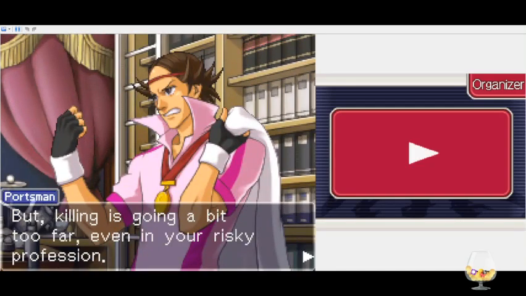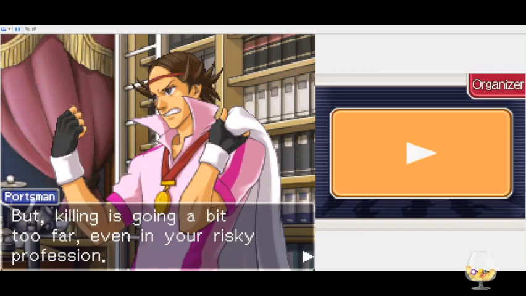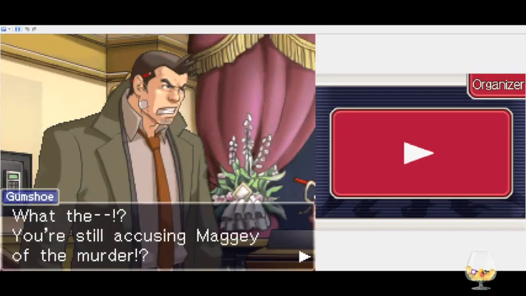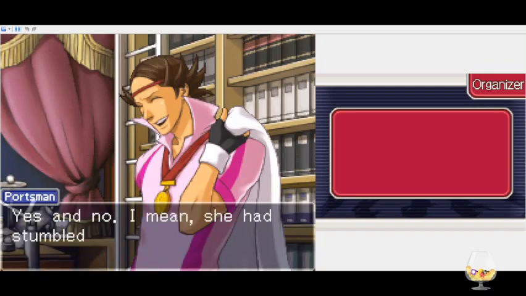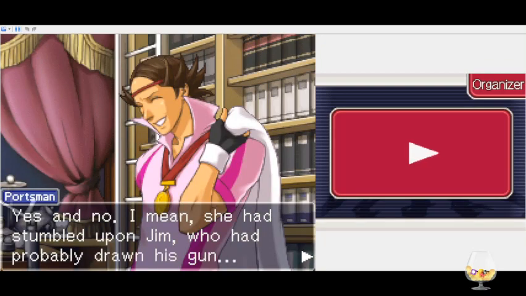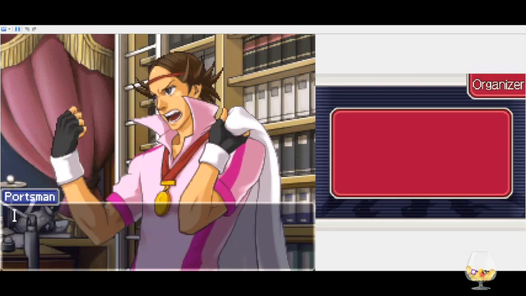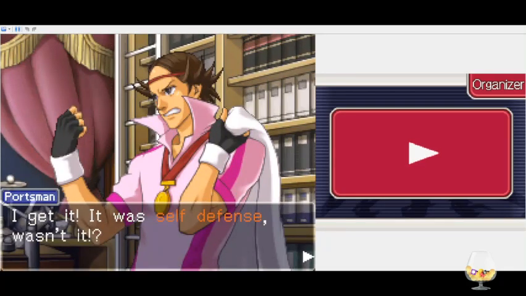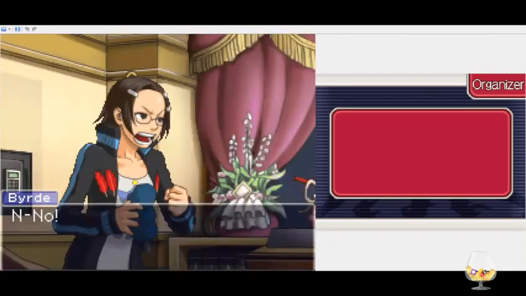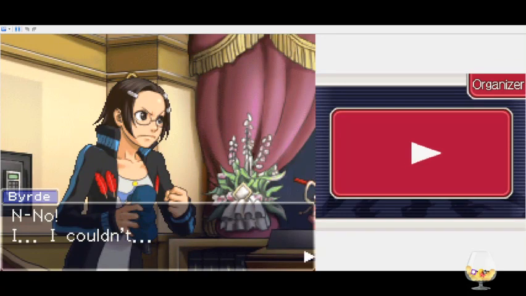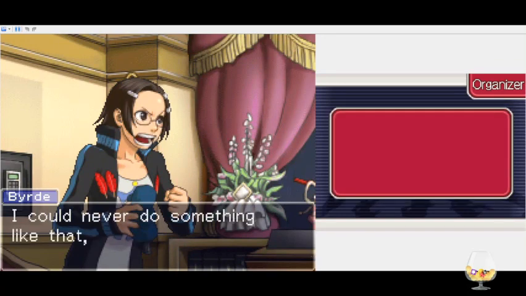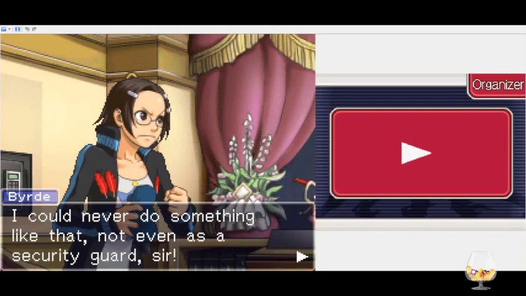But killing is going a bit too far, even in your risky position. Profession. What the? You're still accusing Maggie of the murder? Yes and no. I mean, she had stumbled upon Jim, who'd probably drawn his gun. I get it. It was self-defense, wasn't it? No, I couldn't. I could never do something like that. Not even as a security guard, sir.